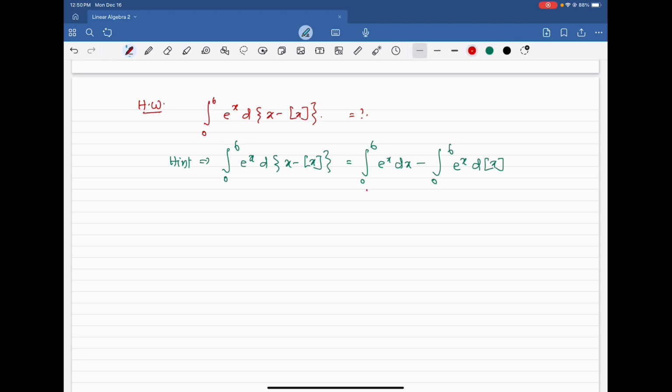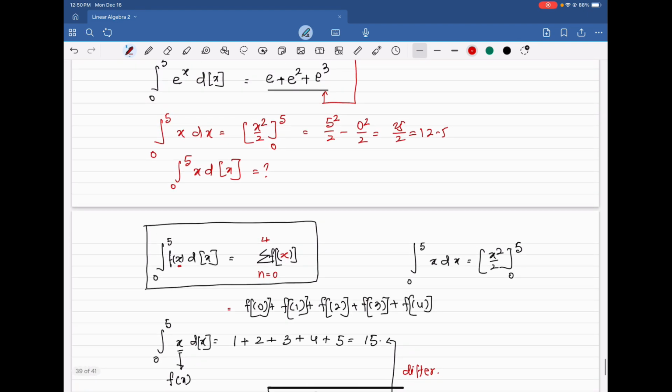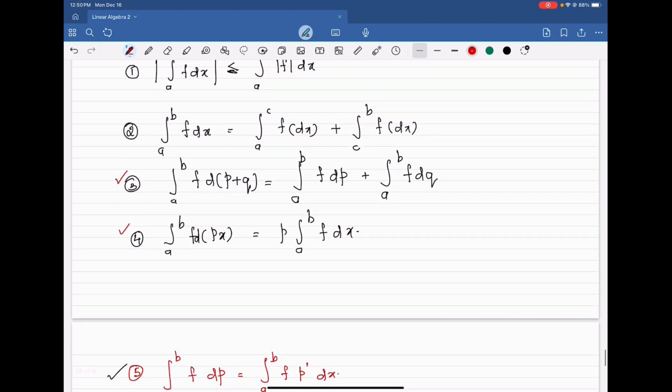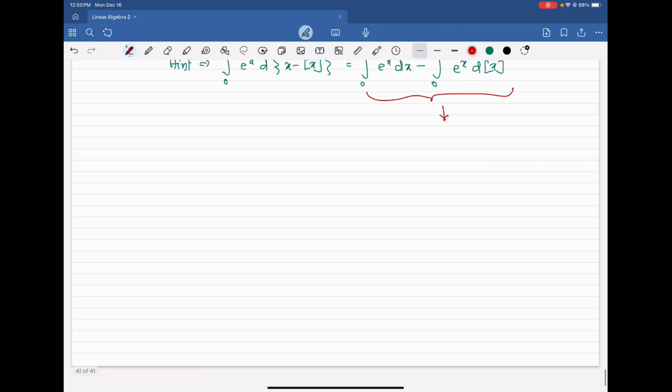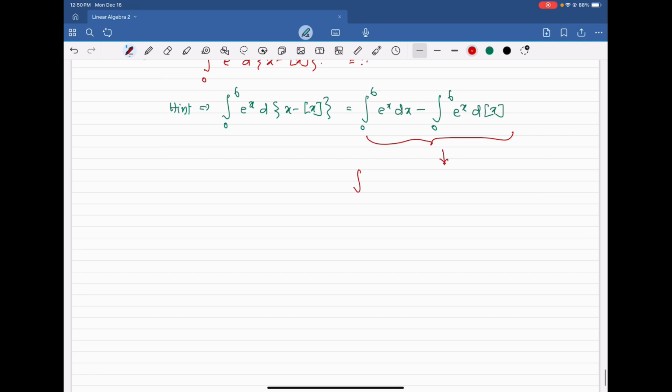This has come from property 3: the integral from a to b of f d(p plus q) is equal to the integral from a to b of f dp plus the integral from a to b of f dq.